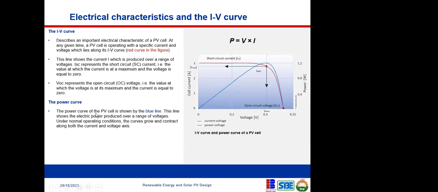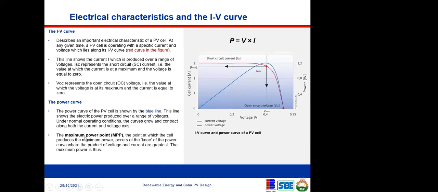So the power curve of the PV cell is shown by the blue line, like I explained. This line shows the electric power produced over a range of voltages under normal operating condition. Under a normal operating condition, the curve grows and contracts along both the current and voltage axis.